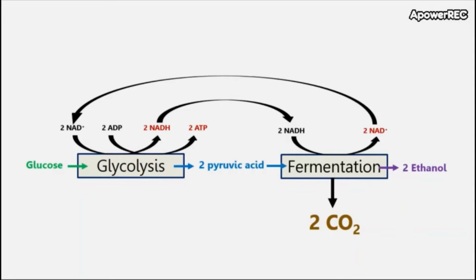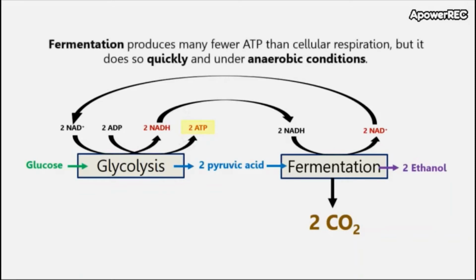So I'm sure that you've heard of fermentation to produce ethanol. There are other methods of doing fermentation which use different terminal electron acceptors, but they all share a similar trait in that they produce about 2 ATP from glycolysis, which is not favorable, but if you have no other options, then why not?